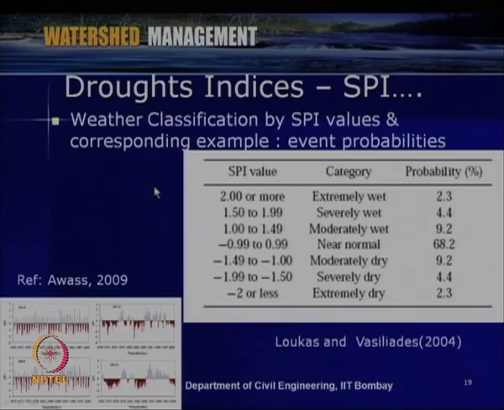As I mentioned, this is one of the commonly used drought analysis indices. The SPI and the Palmer drought index, PDI, are the most commonly used drought analysis indices. Another type of index which we can use for this kind of purpose is called the normalized difference vegetation index.